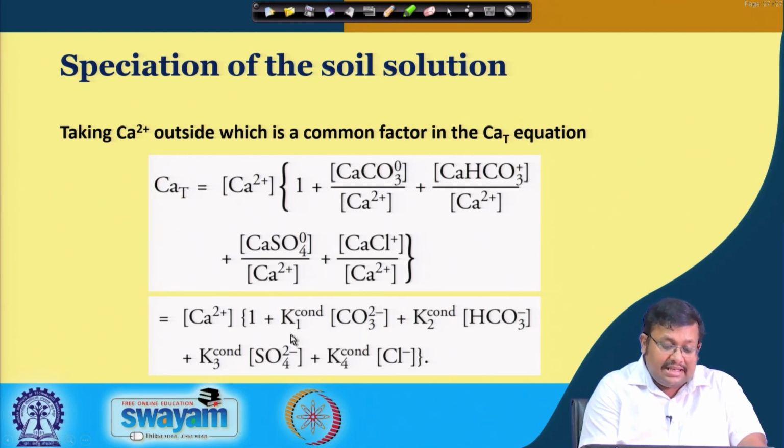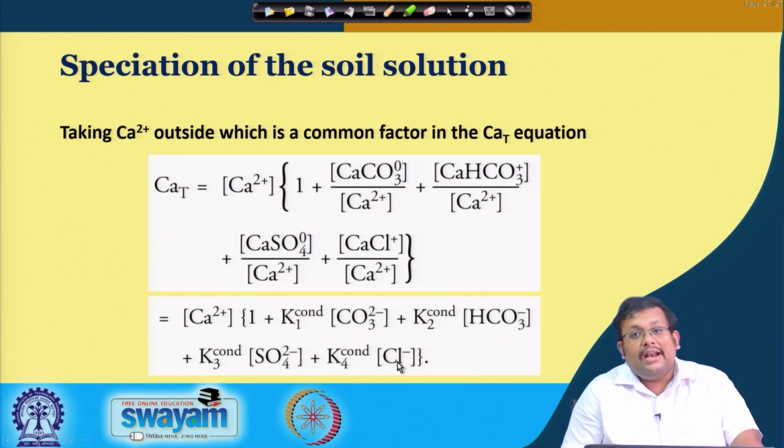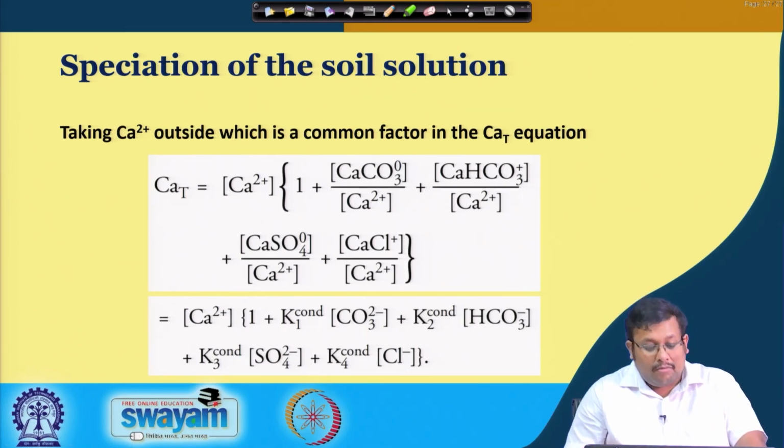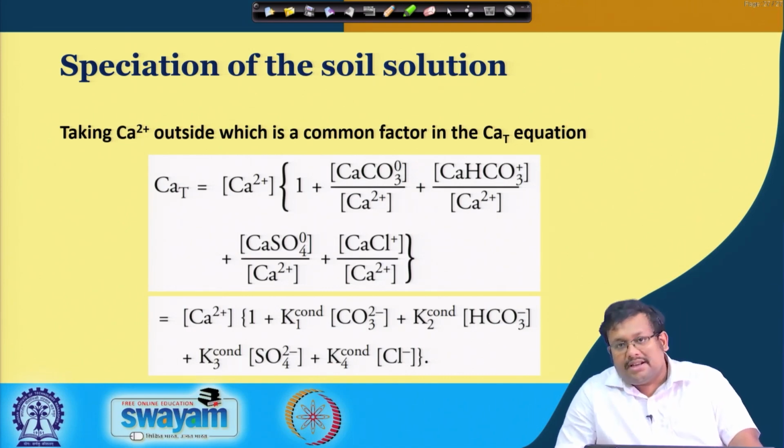For example, you can see K1 conditional, the conditional stability constant of calcium carbonate, multiplied by the concentration of the ligand or carbonate, similarly for bicarbonate, and then sulfate and chloride. So, basically we have reshaped the equation in the form of conditional stability constants.